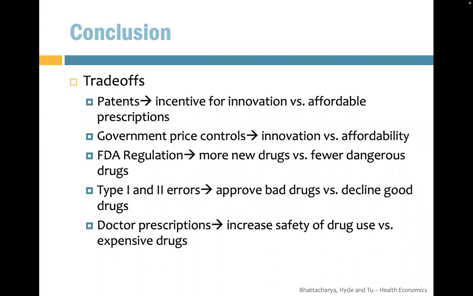Type 1 and type 2 errors are trade-offs. There's a trade-off between approved bad drugs and declined good drugs. Lastly, for doctor prescriptions, there is a trade-off between the increased safety of drug use versus expensive drugs.